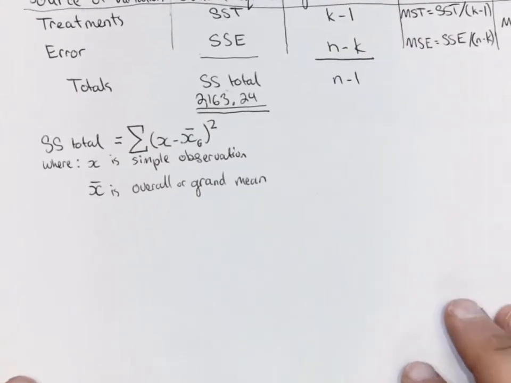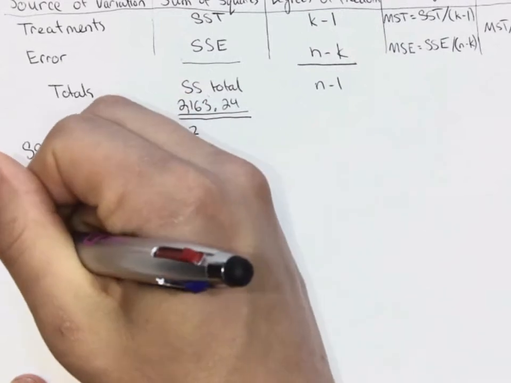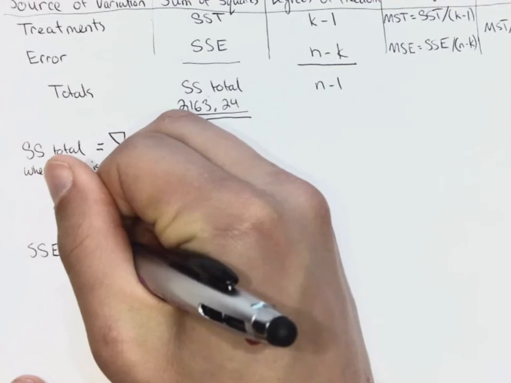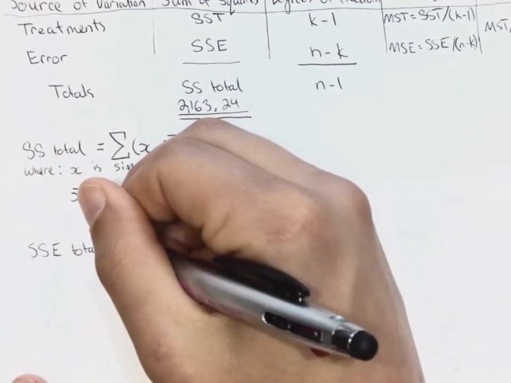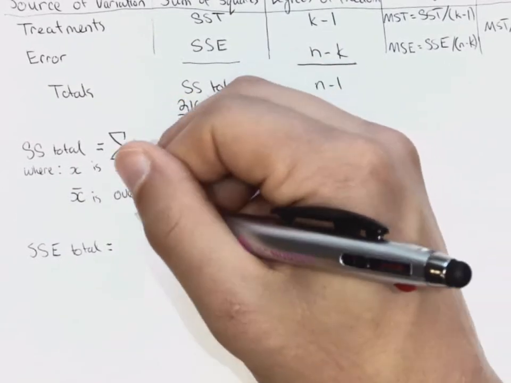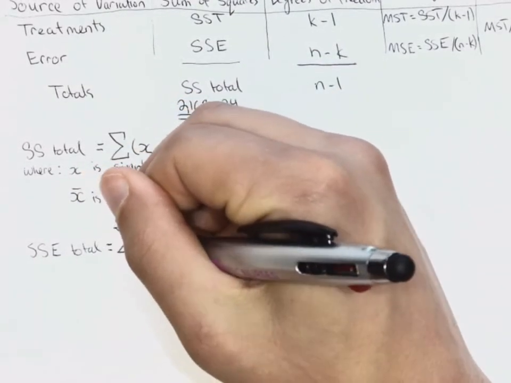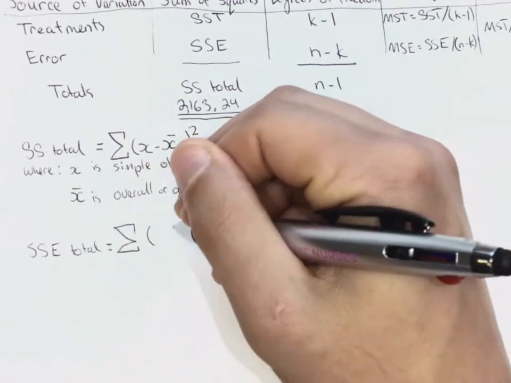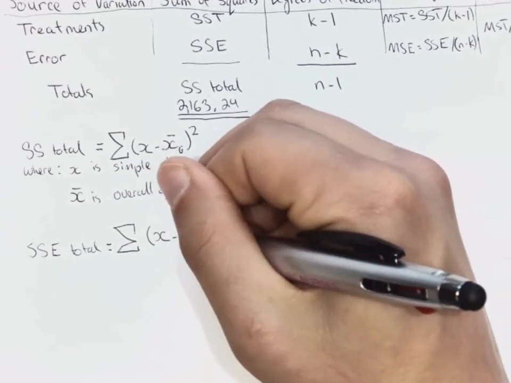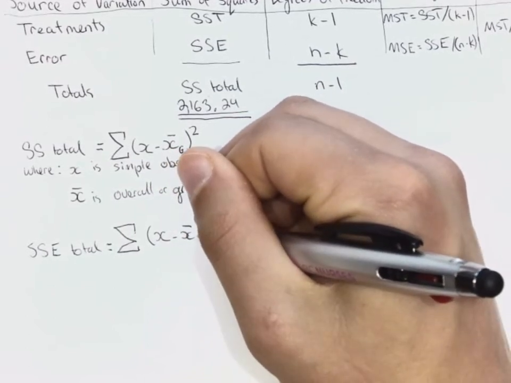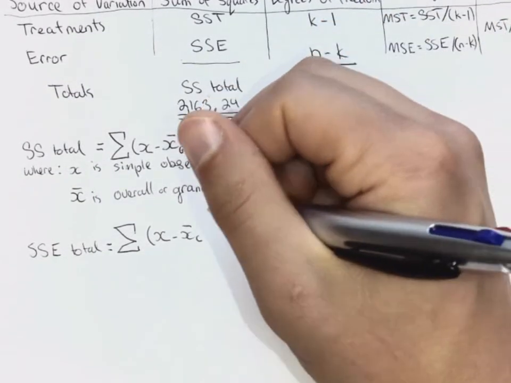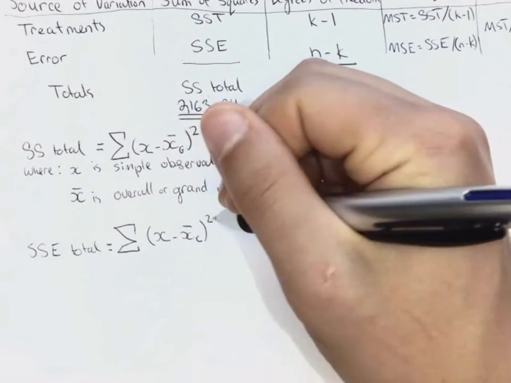Our SSE total is the sum of our observation, minus our X bar, which is our sample mean for the treatment, squared.